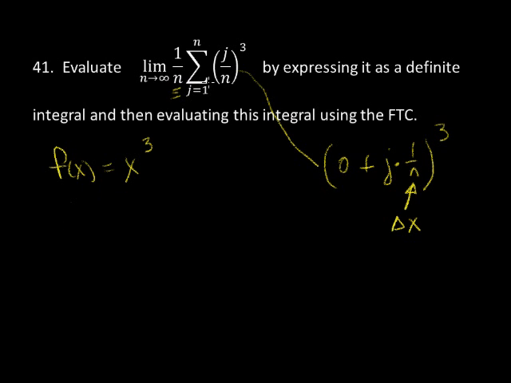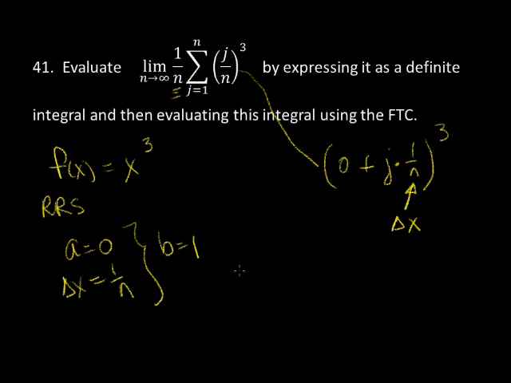So this looks like a right Riemann sum. The counter is going from 1 to n. It's a right Riemann sum for this function. A is equal to 0 and delta x is 1 over n. Together that gives us b is equal to 1.